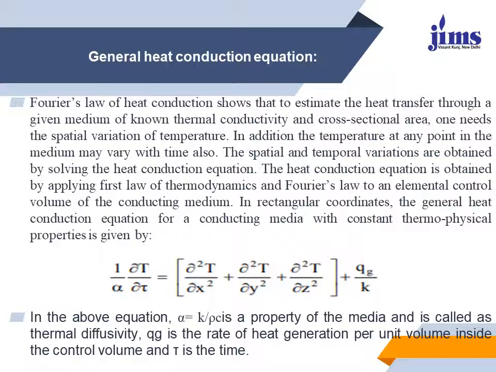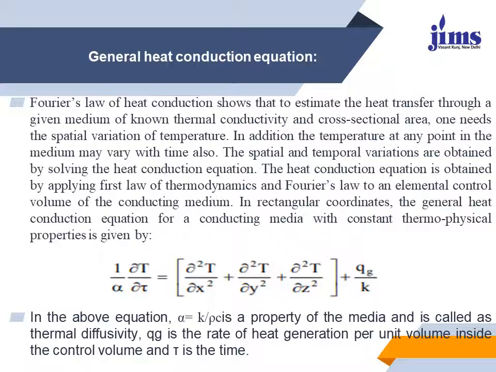The term alpha is known as thermal diffusivity, and it is the ratio of the thermal conductivity divided by the product of rho c, where rho is the density and c is the specific heat capacity. So del T by del tau is the change in temperature with respect to time.